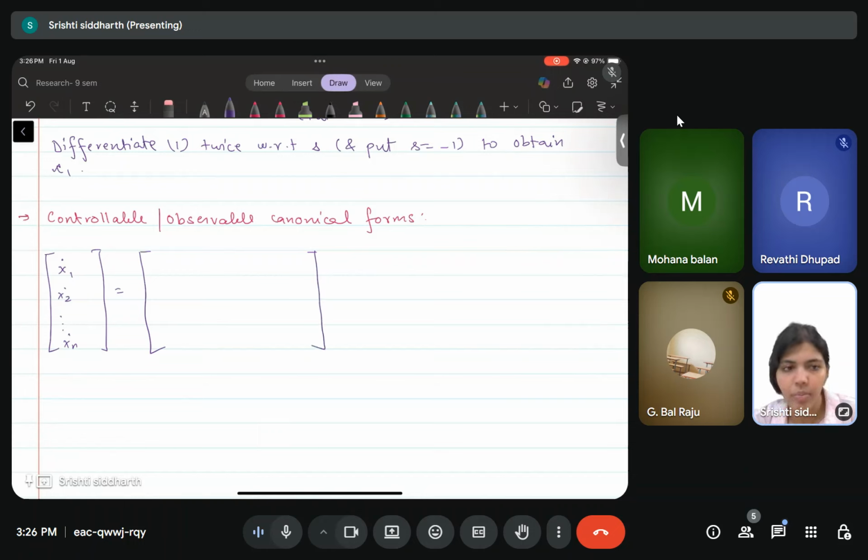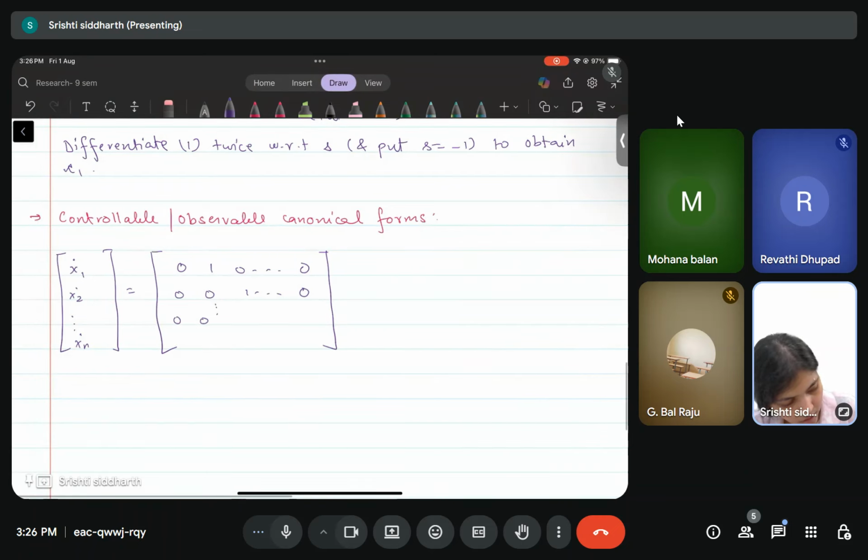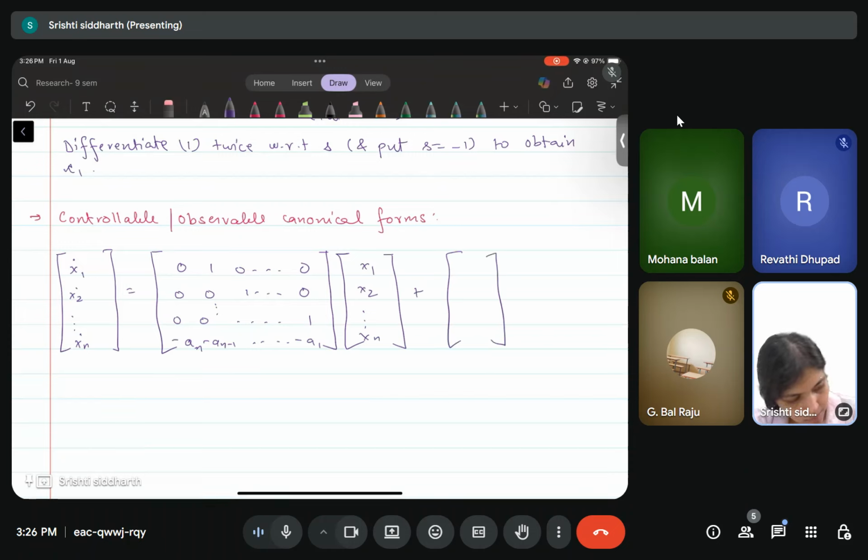Then the A matrix is given as 0, 1, 0, and so on. We shift the 1, and then in the last row we have minus a0. Sorry, let's make this an, times the state vector, plus B times u.